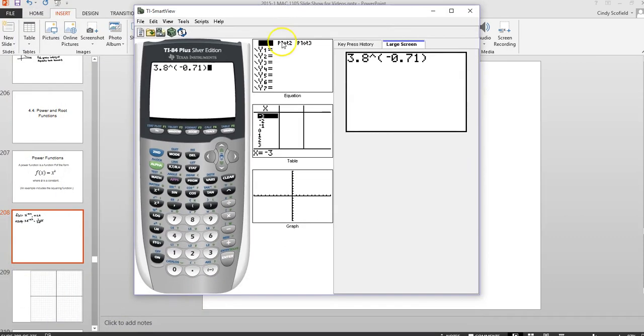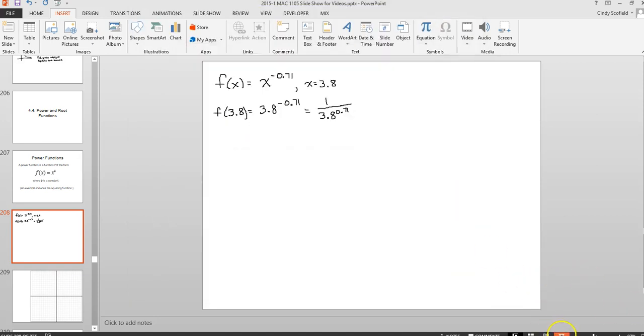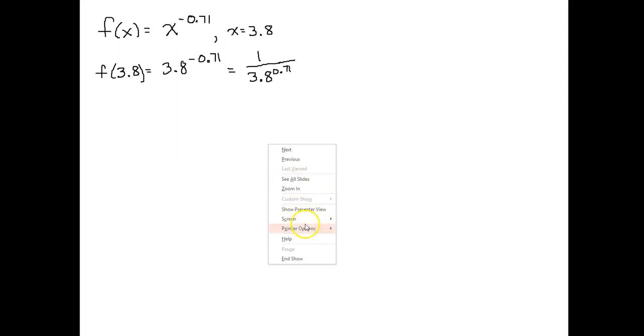All right, so the little caret gives it the exponent, and the exponent is negative 0.71. Hit enter, and there's your value. If you want to approximate to the nearest hundredth, you would round it to 0.39. So you can say that it's approximately 0.39.